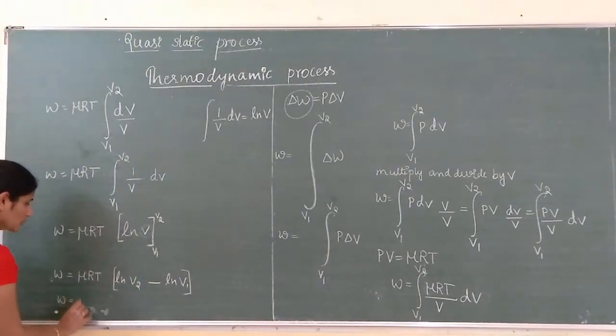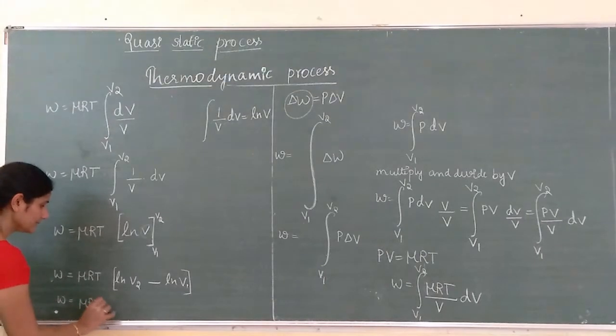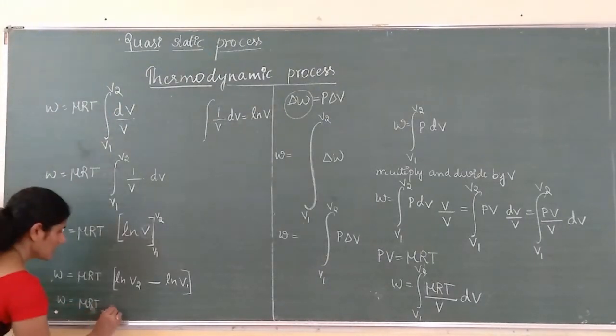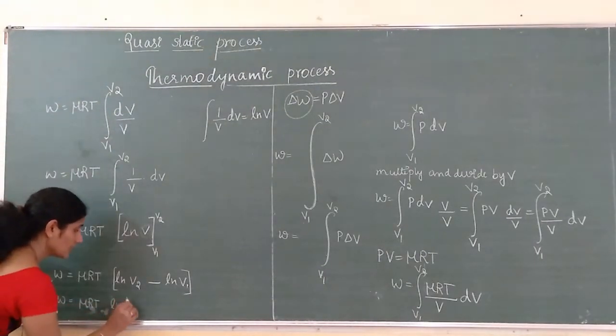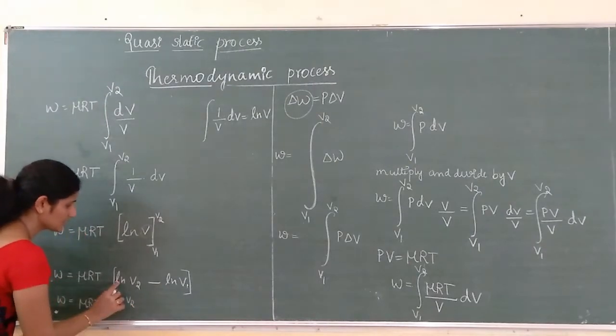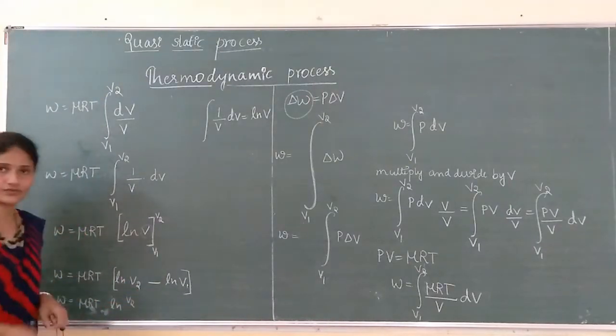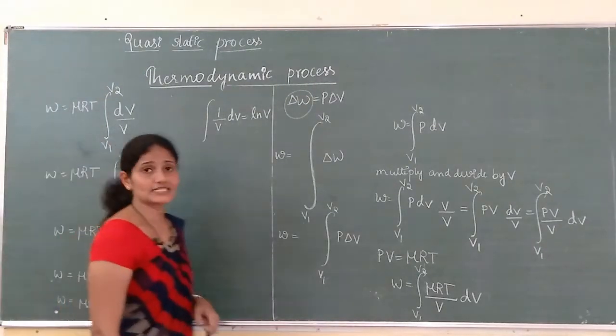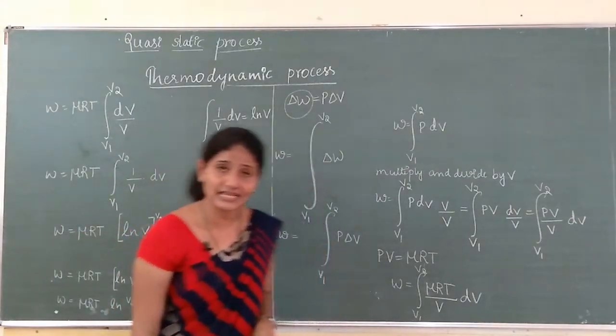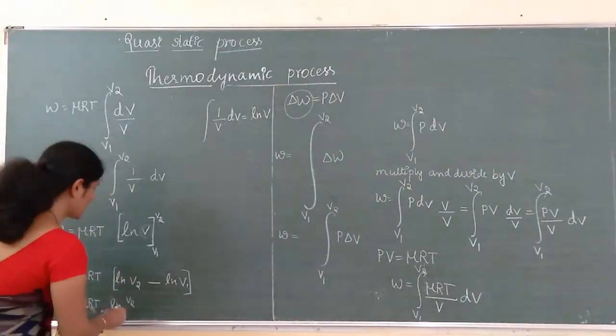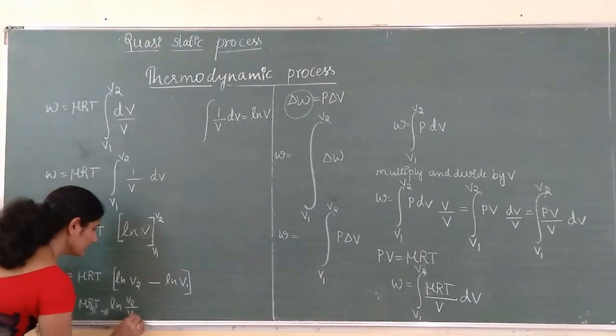W is equal to mu RT ln V2 minus ln V1, which can also be written as ln of V2 divided by V1. So, W is equal to mu RT ln V2 by V1.